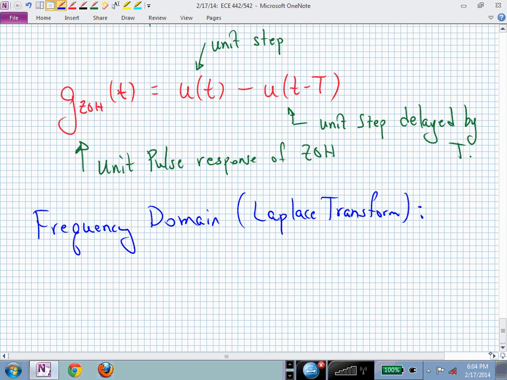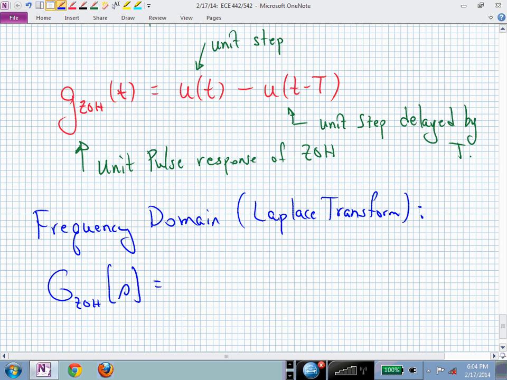And now this is pretty straightforward. We just have to remember how to Laplace transform a step and a step with a delay. I'll do the hard part.